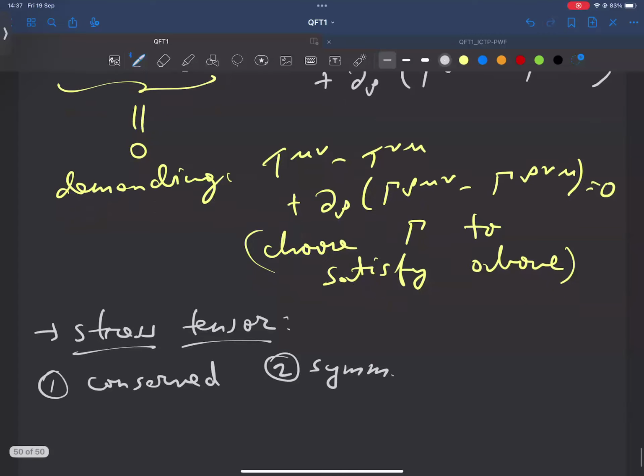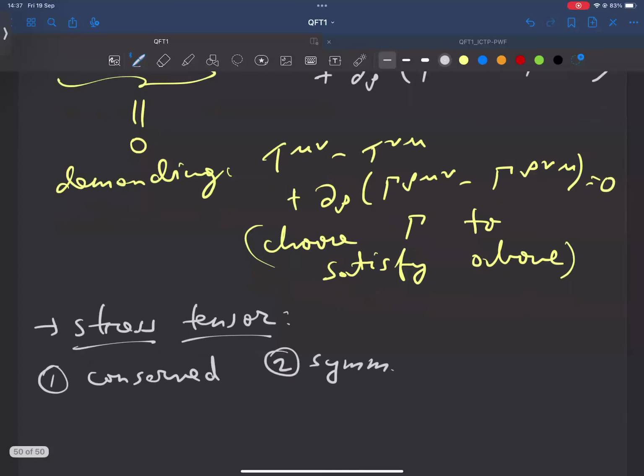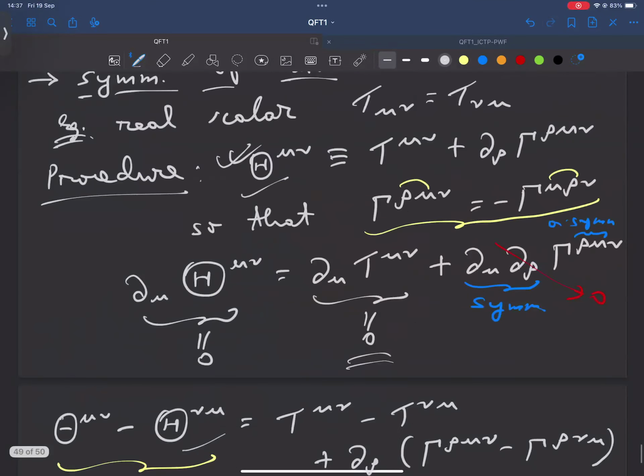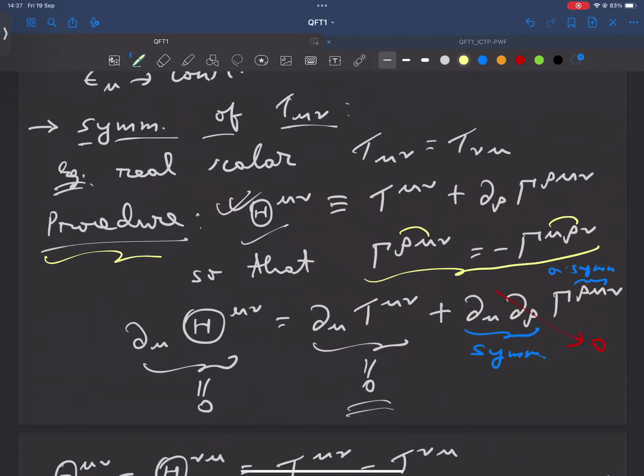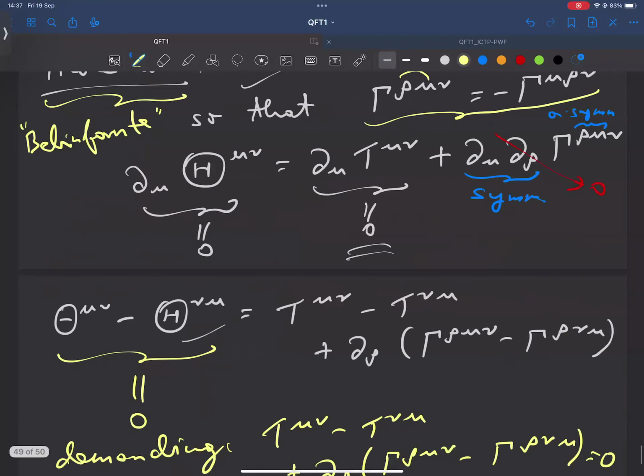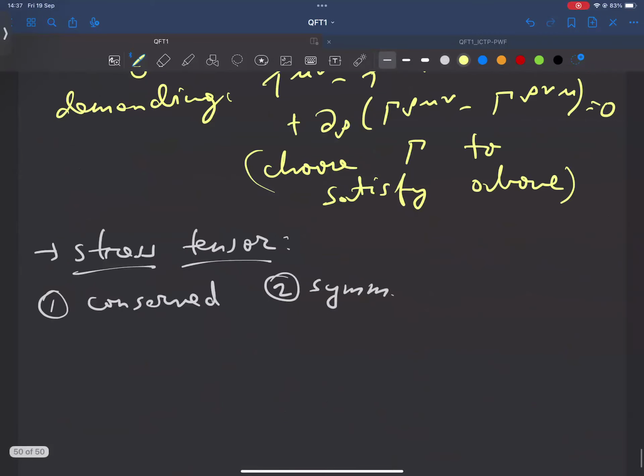Okay, so these are the two most important properties of the stress tensor. As someone pointed out in the chat, this procedure has a name. This is called the Belinfante procedure, okay? But that's just a name after a person who did this. The main content is this. So you can improve it by something like this. You can make it symmetric, even though when you derive it from the Noether procedure, it may not be symmetric.